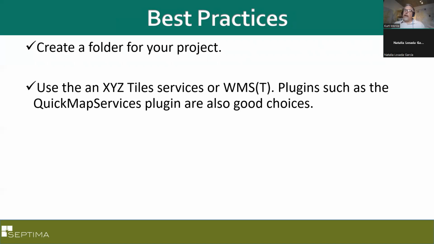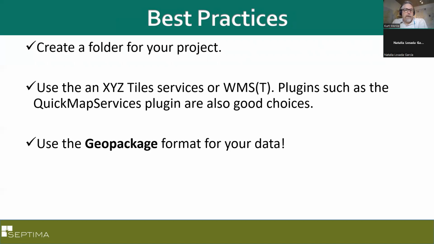For background maps, things that work really well are XYZ tile services or WMS, WMTS services. There's a plugin called QuickMapServices, which is a really good choice for pulling in those kinds of base maps. And then use the GeoPackage format for all of your data.